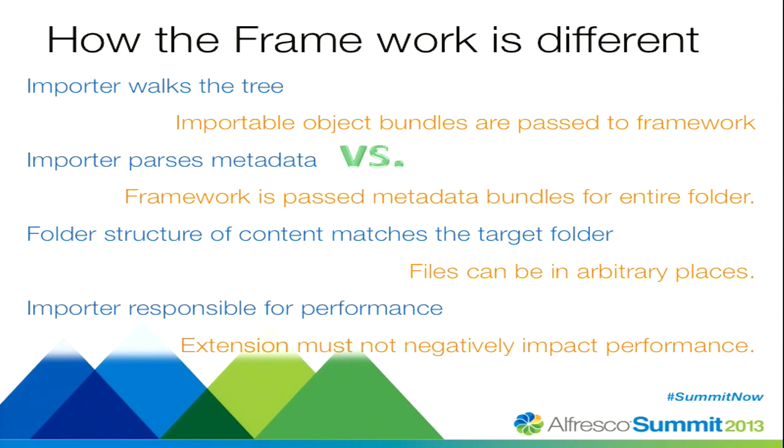That would be you looking at the data and giving it to the importer in the sequence that is necessary. Right now, the importer parses the metadata as it goes through. In the framework I'm looking at, you parse the metadata and it's passed in the bundles, already pre-digested. How you do that is going to be very important, because if you don't do it right, you can end up with performance problems.